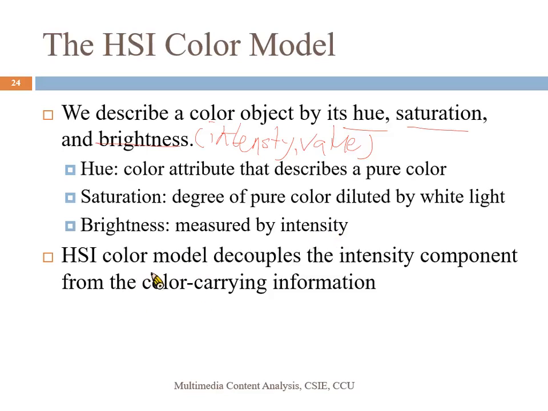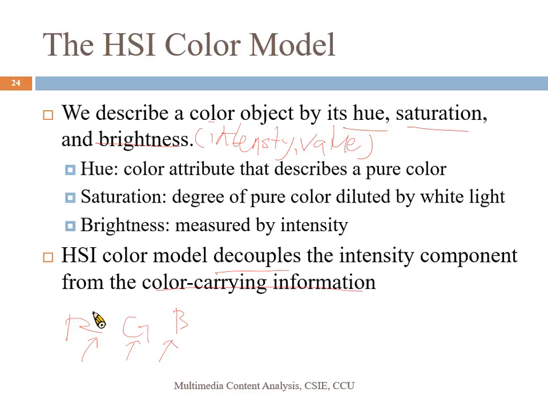Why is this color model important? Because this color model decouples the intensity component from color-carrying information. In the RGB color model, there is a problem. When the R value gets large, the G and B values also usually get large.